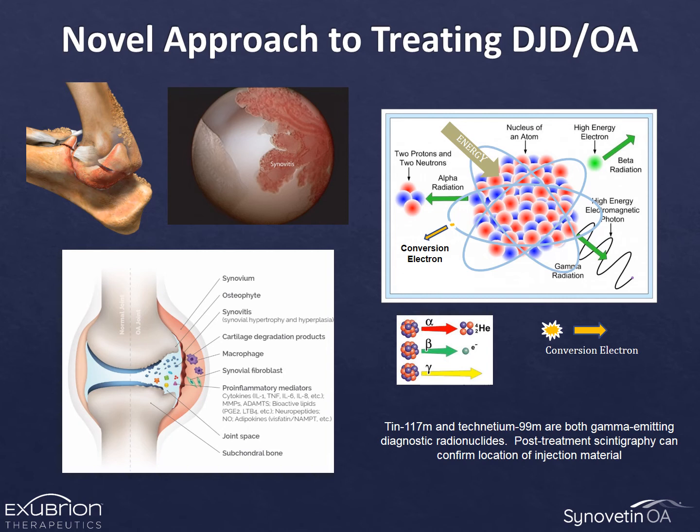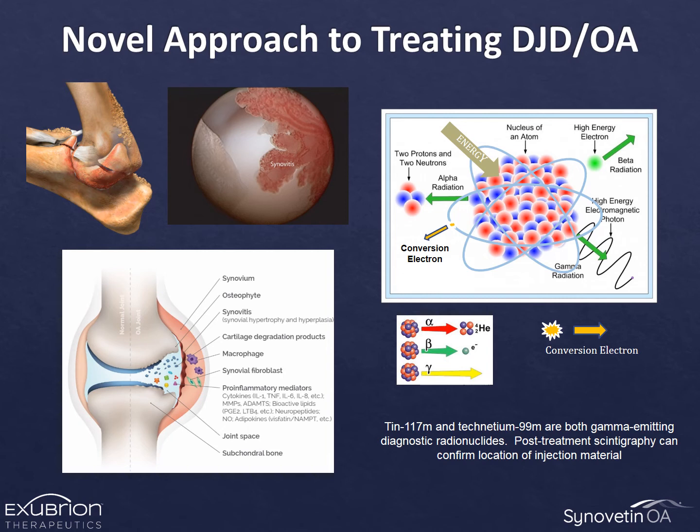Also depicted here as a drawing would be both an ununited anconeal process and a fragmented coronoid. And of course, what we would see arthroscopically is that arthroscopic capture, which is labeled synovitis, and we can appreciate there the hyperplasia of the synovium and the angiogenesis with all the reddening that's in that tissue.